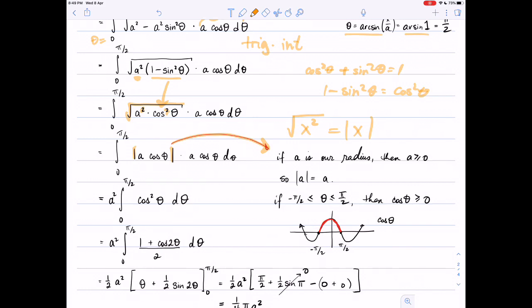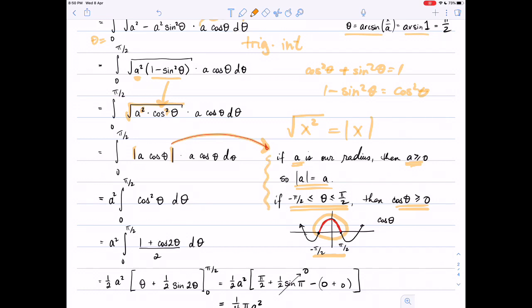So the first thing we can notice is that if a is the radius, then a is a positive value. So the absolute value of a is just a. And next, the restrictions on theta come in super useful here, because if theta is between minus pi over 2 and pi over 2, then we get this part of the cosine graph. And in particular, that part of the cosine graph is positive.